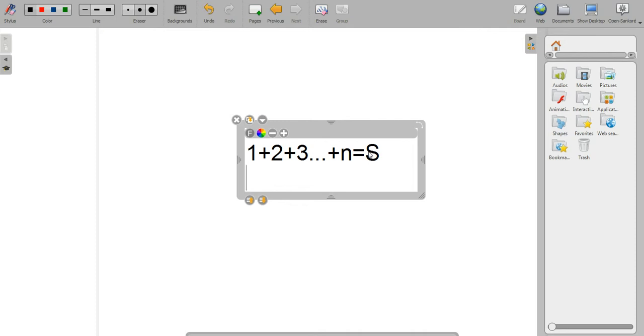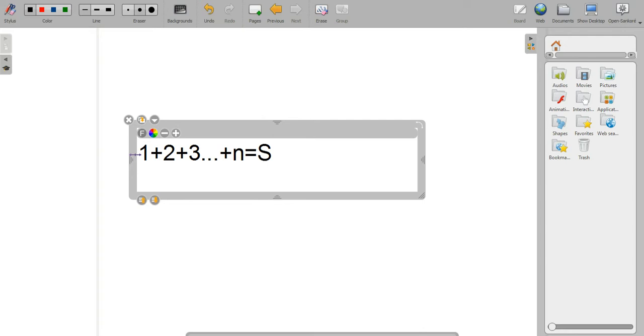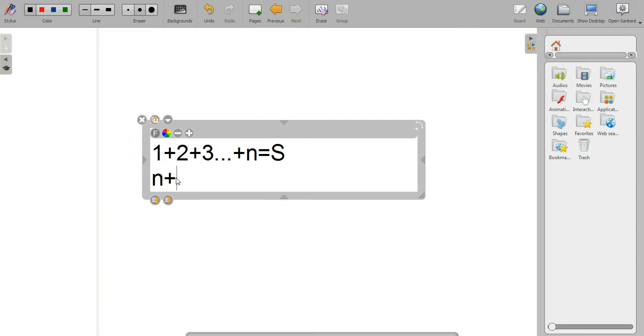And now, let's write this backwards: n plus n minus 1, plus n minus 2, dot dot dot, up to 1.